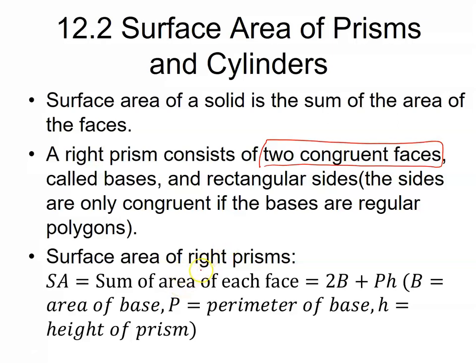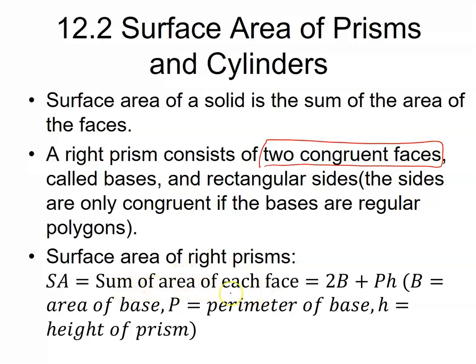So to find the surface area of a right prism, really what you're doing is finding the area of all of the faces and adding them all up. There are some formulas, and we will talk about the formulas, but with a lot of these, you don't necessarily have to know a formula. You just have to be able to break it down into each individual face and find the area of each of those and add them all up. So we'll look at both of those.